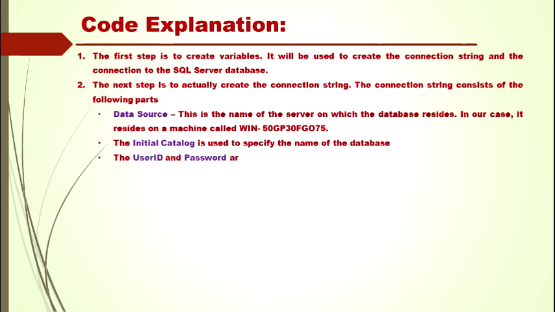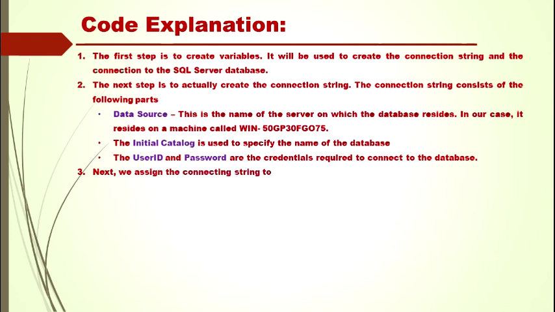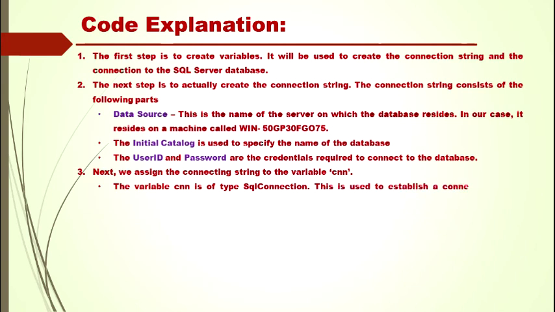Then user ID and password are the credentials required to connect to the database. Next, we assign the connection string to the variable cnn. The variable cnn is of type SqlConnection. This is used to establish a connection to the database.